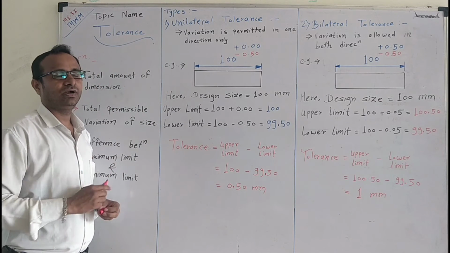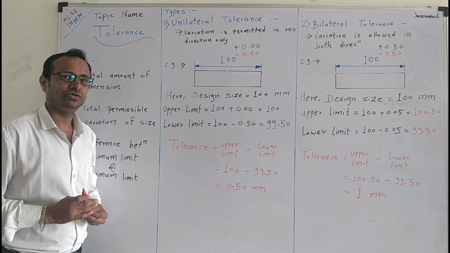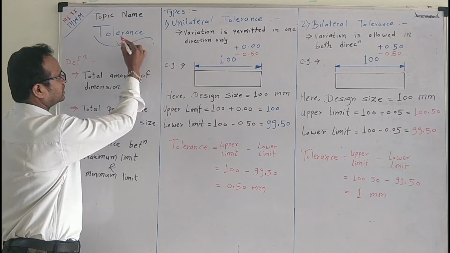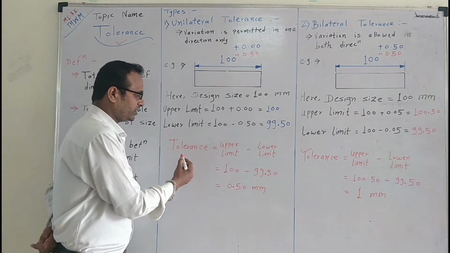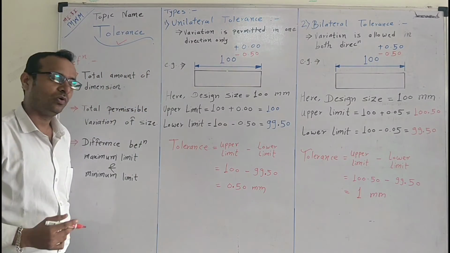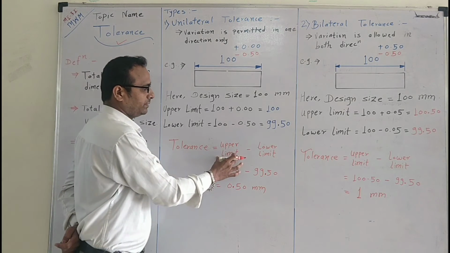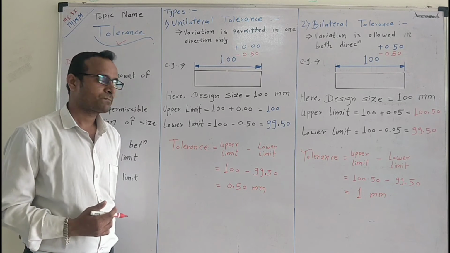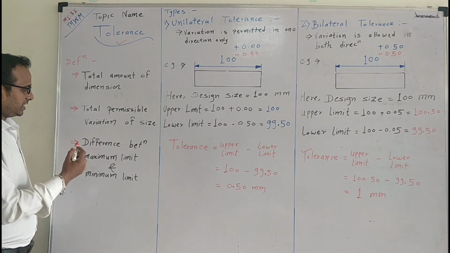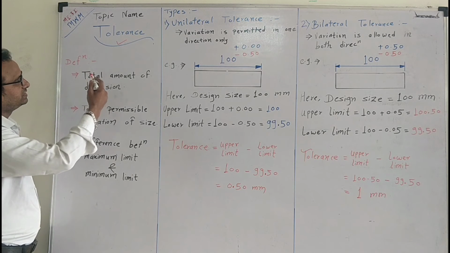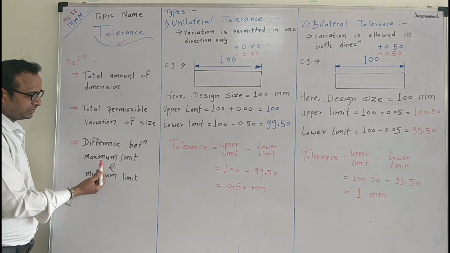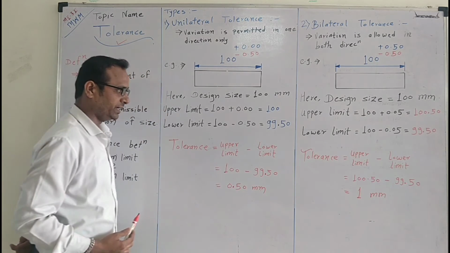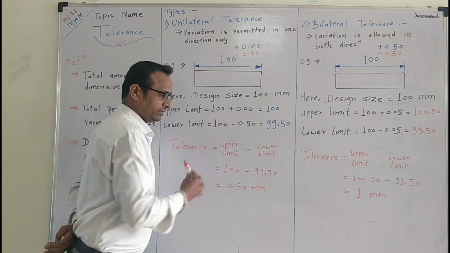Now our target of this topic is to calculate the tolerance. How to calculate tolerance? Upper limit minus lower limit. From where does this formula come? We know that in the definition, tolerance means the difference between maximum limit and minimum limit, that means upper and lower limit.